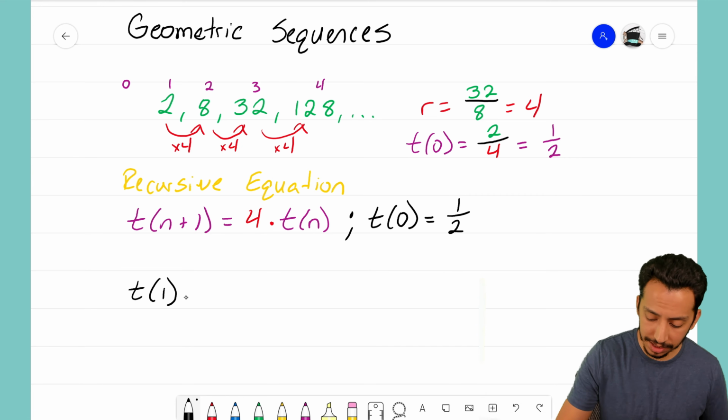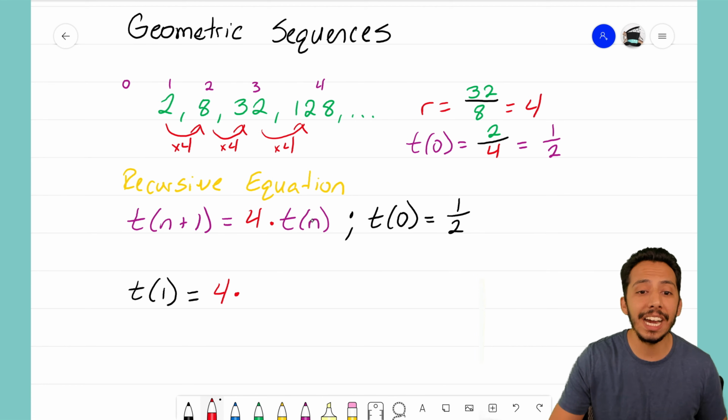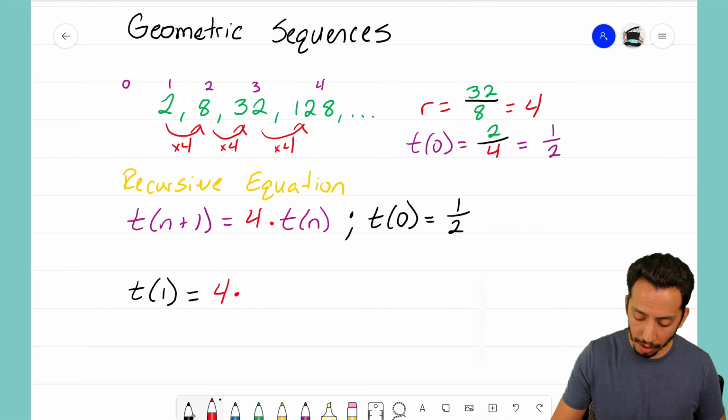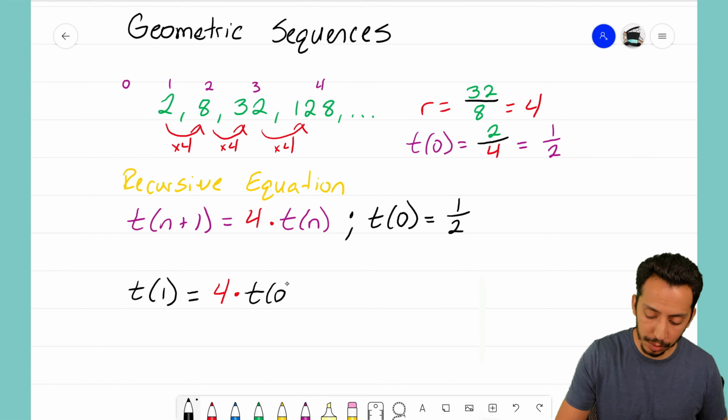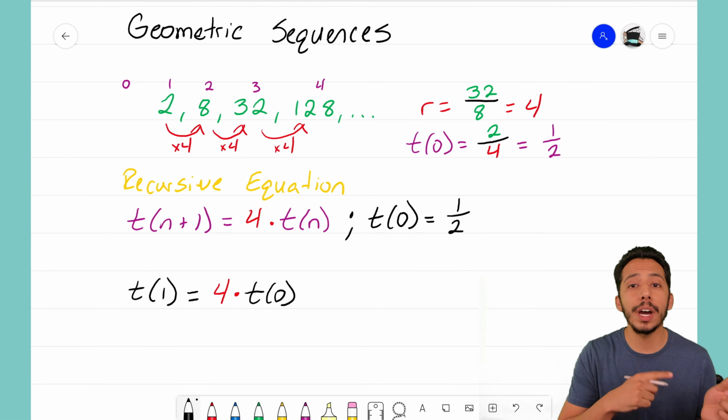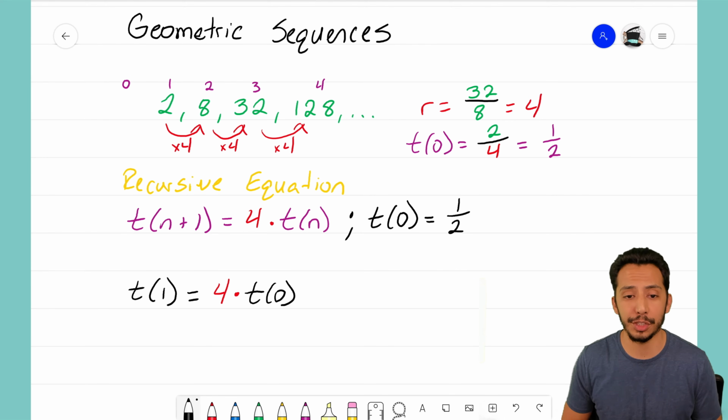To find t of 1, that is equal to our common ratio times t of n. Remember, t of n and n plus 1, that is just one less. So if I'm looking at the first term, I need to take our 0 term, the term that is one less than the first term.